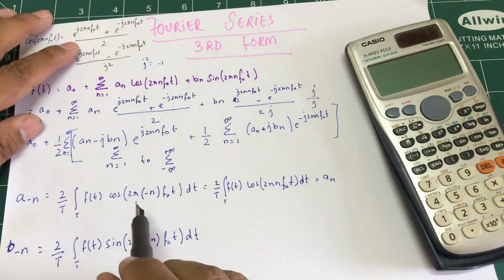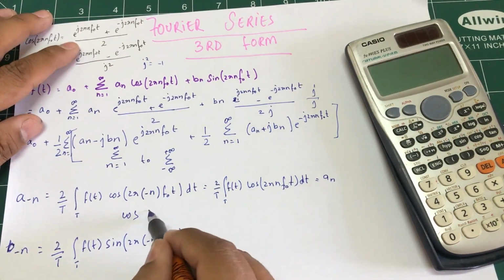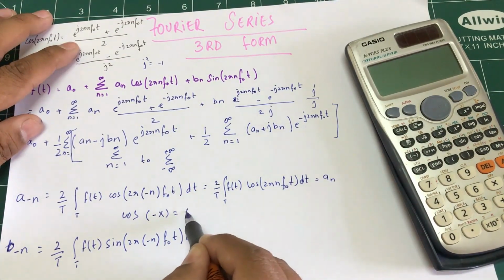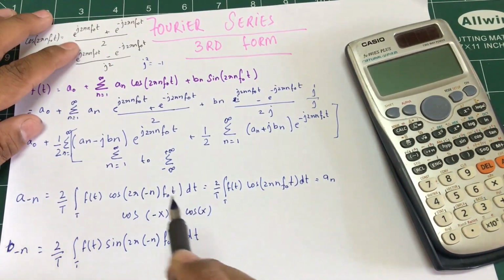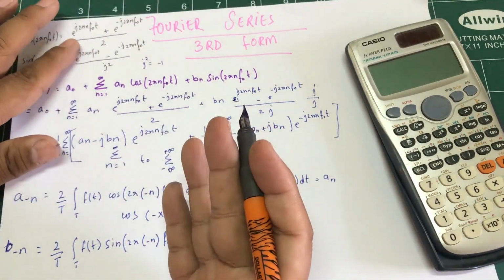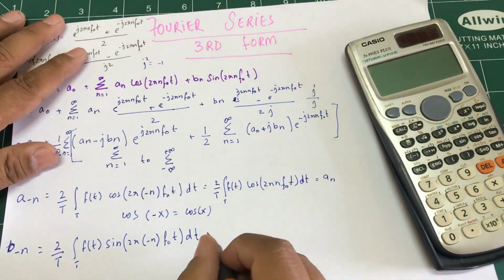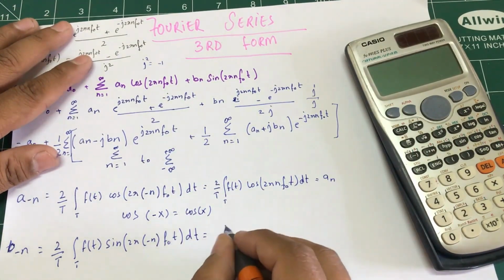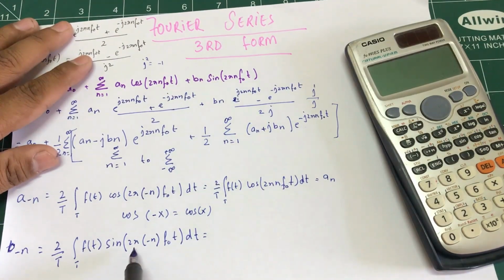I hope you're getting it. Why? Because cos of negative x is cos of x, because cos is an even function, while sine will change. Why? Because I have to bring that negative out, because sine is an odd function.